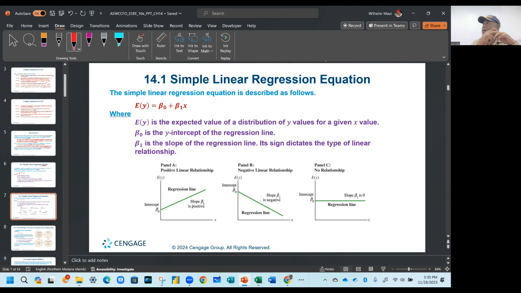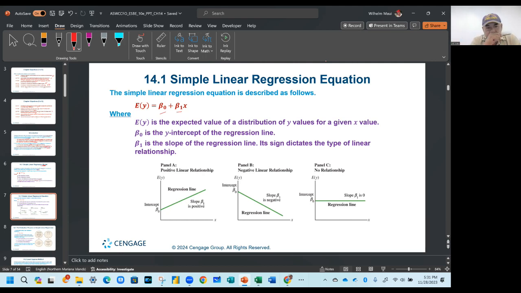When you're solving for the equation, you're solving for three unknowns: beta 0, beta 1, and the error term. Once you know two, the third is predetermined. So when you collect your data and do your computation, you need not spend time computing that third value because it falls out as a residual.